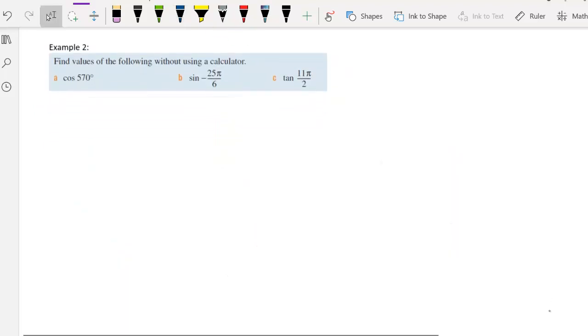If we go a little bit further, so now we're looking to find the values without using a calculator. Same idea, but these values are bigger than 360 or 2 pi. So the best way to deal with these initially is realize that there's coterminal angles, and that means there's angles where they finish at the same spot.